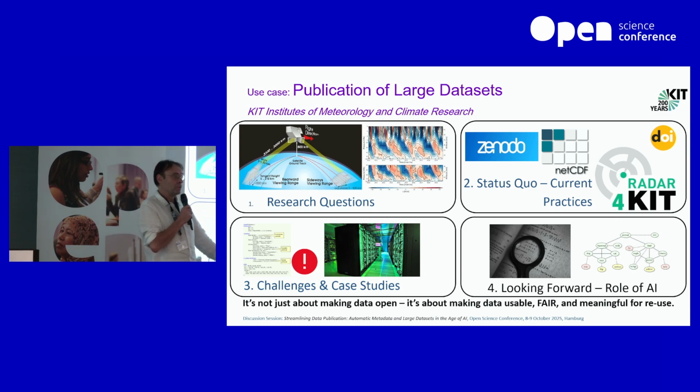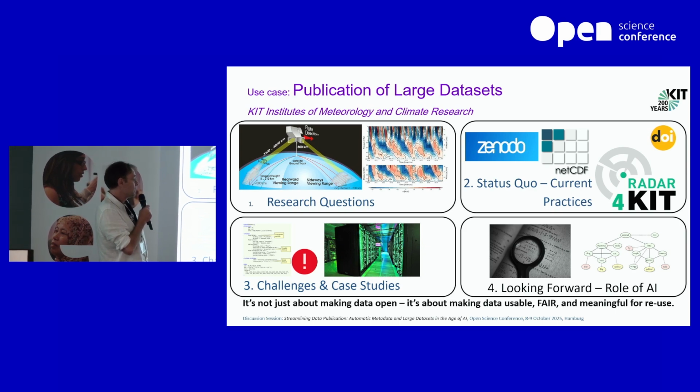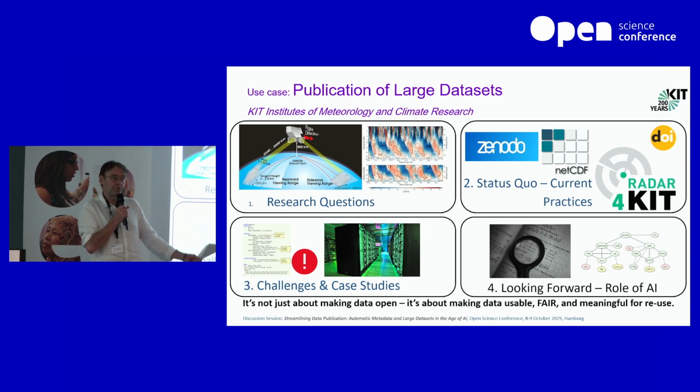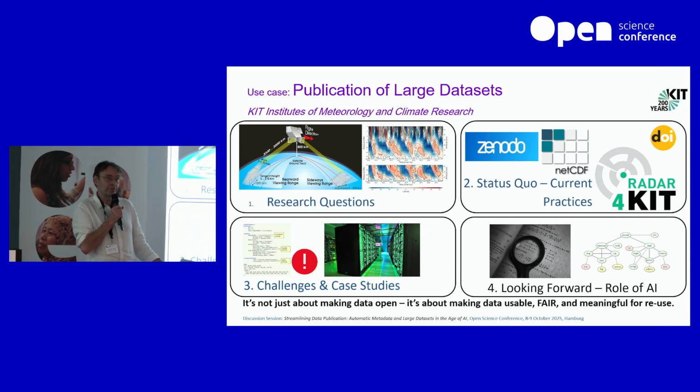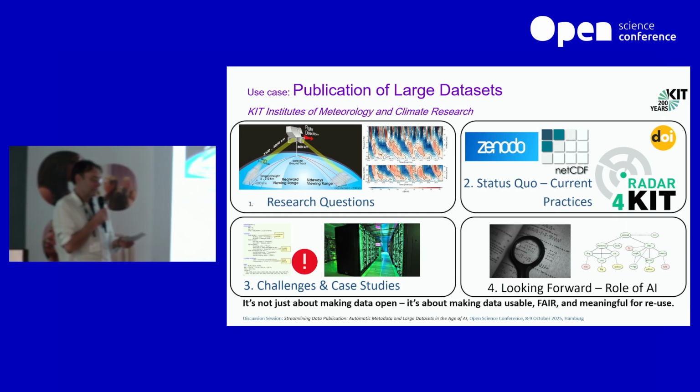We have balloon flights of an instrument we developed with several trace gas species. And then model data. So climate models, which we can run for 50 years of modeling time. So we collect a lot of data where we also have chemical species and meteorological data. So we have a lot of large data sets.